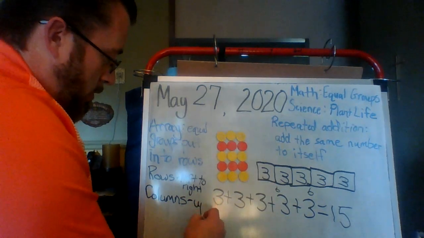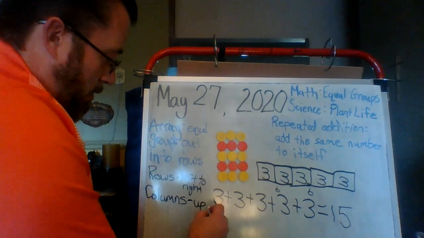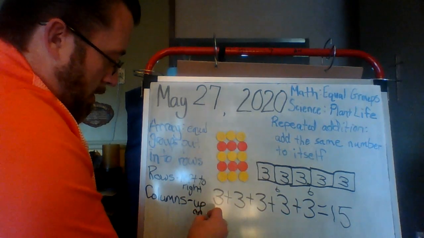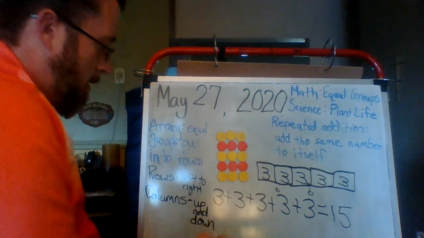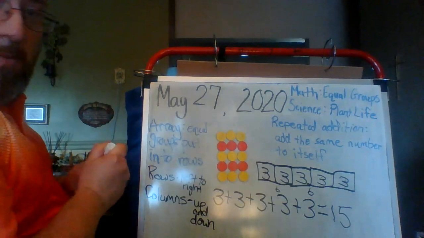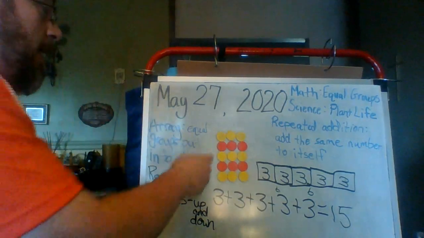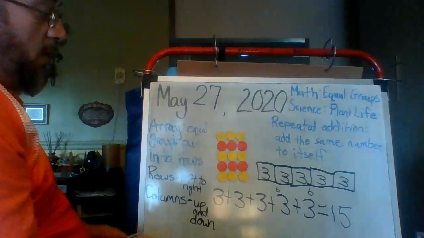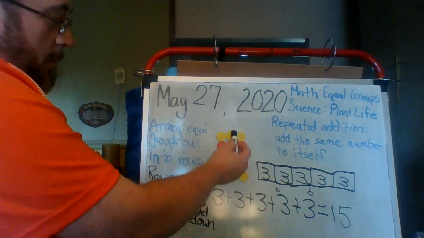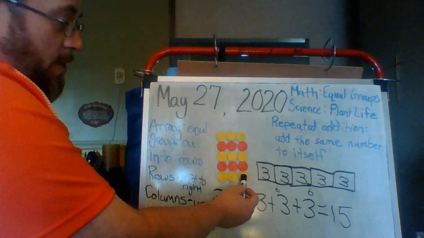Now, I haven't mentioned this last one very much. Columns go up and down. So in this array, I have 5 rows. I also have 1, 2, 3 columns.